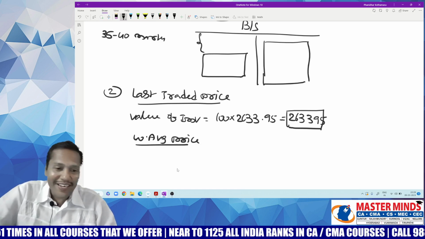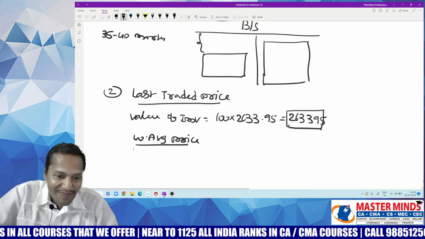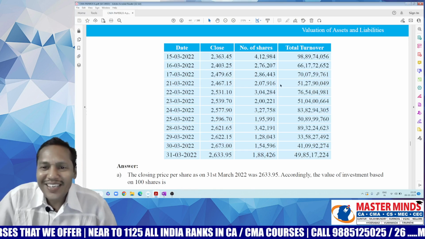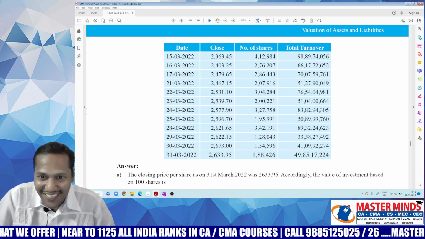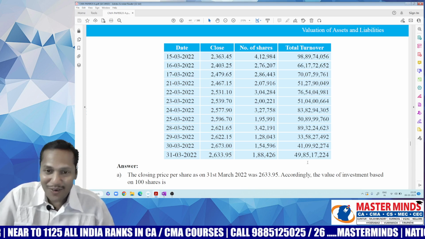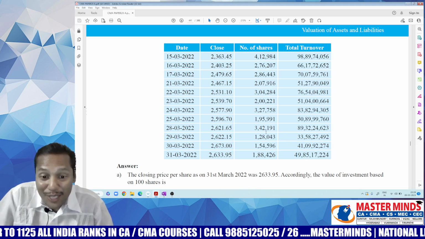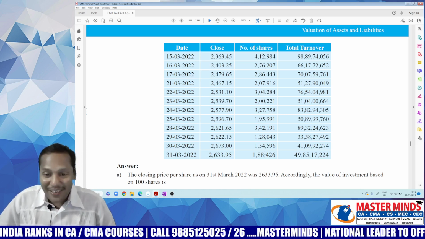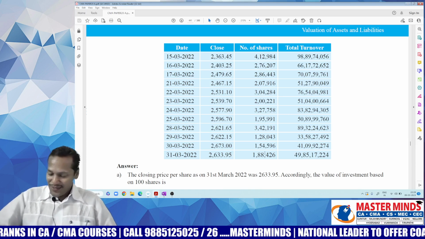Then based on a weighted average price, how to derive the weighted average price? See the total turnover for 12 days. The turnover he has given. We have to go for total turnover of all the 12 days and total number of shares traded of the 12 days. From that, definitely we can derive the weighted average price.